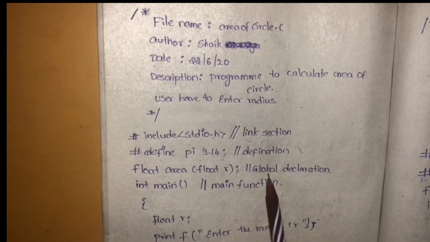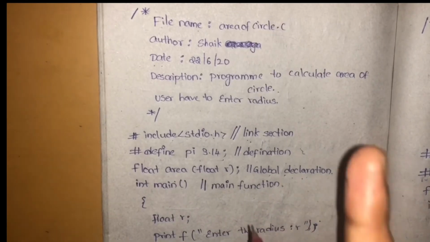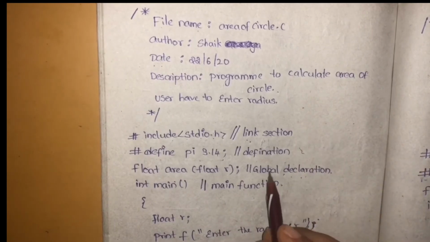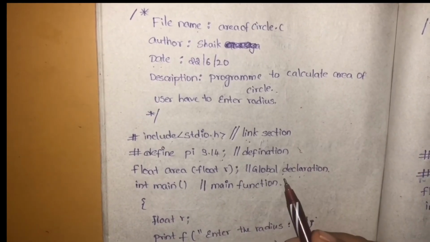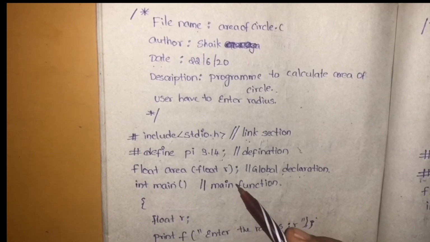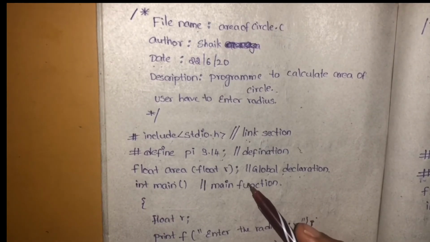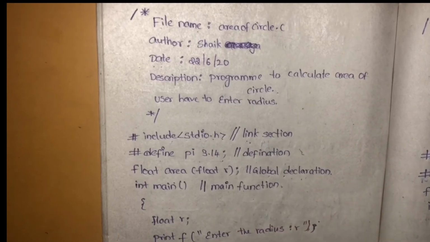Global declaration is divided into two parts. One is local variable, another one is global variable. Local variables are always declared inside the main function and global variables are declared outside the main function. If you want to declare a global variable inside the main function, you have to introduce a keyword, which is extern.